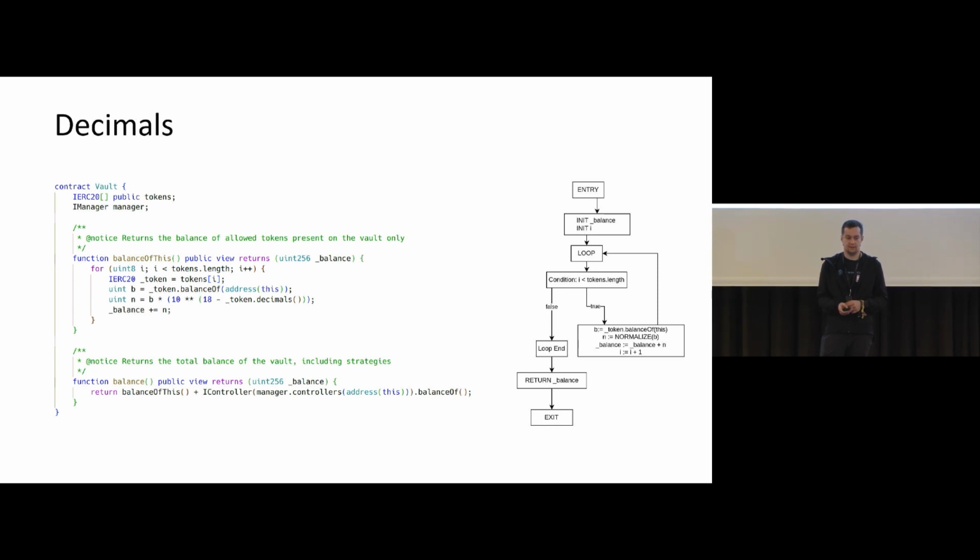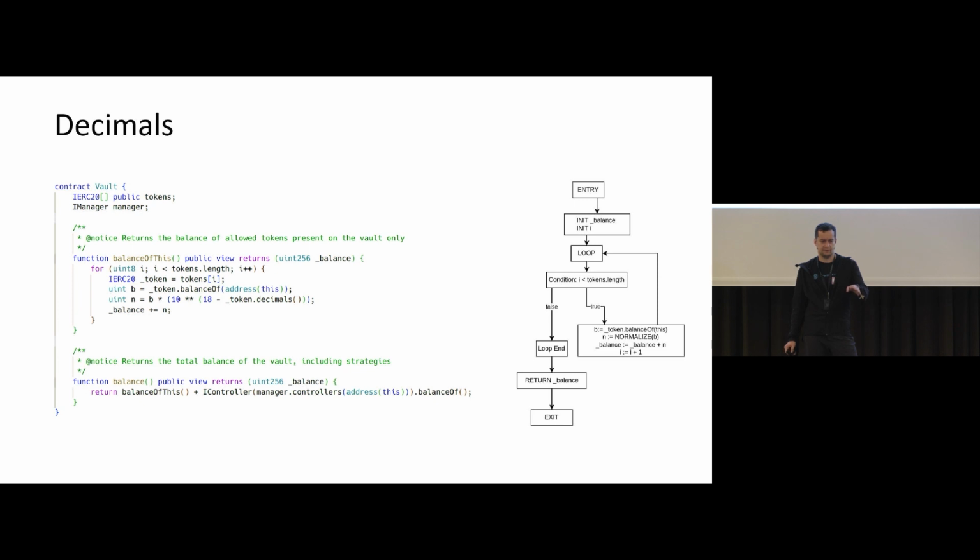We are querying its balance, and then you see when we are assigning the variable n, this is normalization to the internal precision of decimals, right? This is where we are multiplying to the power, and power is the distance to the decimals of tokens, right? So on a CFG, you see there, we can actually detect and say that it's just called normalized operation, right? Sanitization, sort of, right?